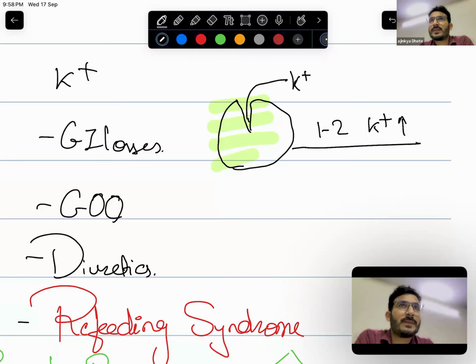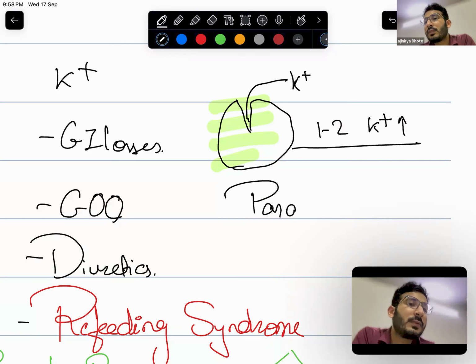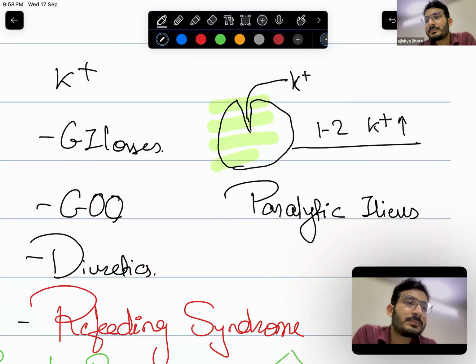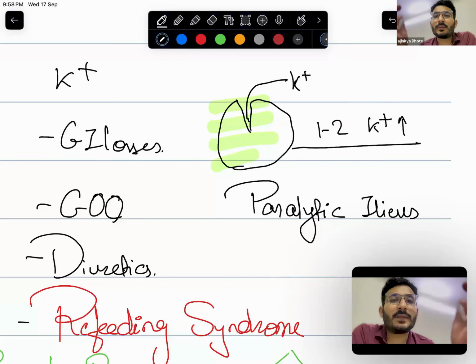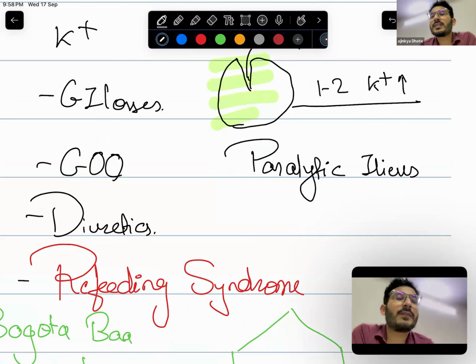The second thing you need to know is that potassium is again important because whenever a patient undergoes a bowel surgery, the bowel goes into something known as paralytic ileus because of the action of your anesthetic agents, under general anesthesia. There are multiple parameters which can lead to delayed recovery of your bowel loops into the peristalsis phase, and one of the most important parameters that is always checked first-hand is hypokalemia.